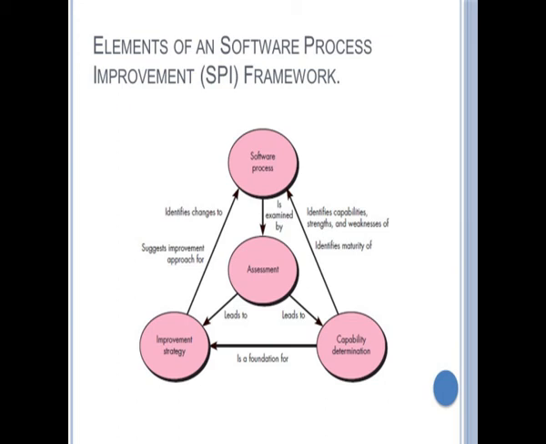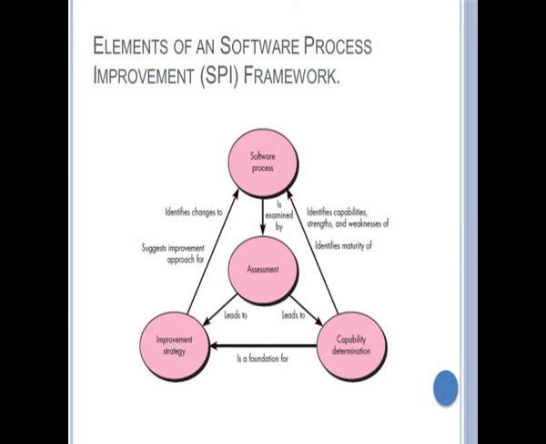The SPI strategy transforms the existing approach to software development into something that is more focused, more repeatable, and more reliable. An SPI framework defines: 1. A set of characteristics that must be present if an effective software process is to be achieved. 2.